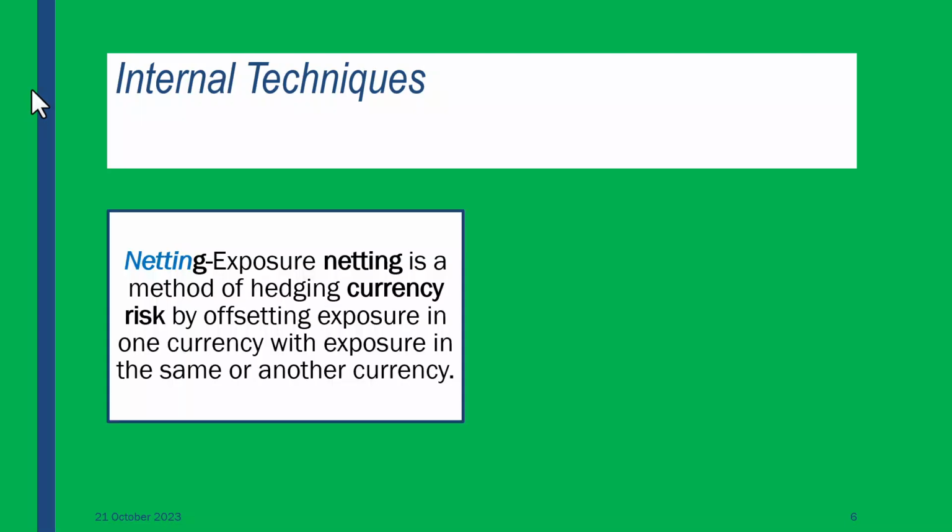Fine. So now internal techniques. Yet another technique is called netting. So what we are doing is basically trying to understand how a company manages its foreign currency risk. There are certain techniques which are called internal techniques. We are in the topic called internal techniques, and we have done two techniques.